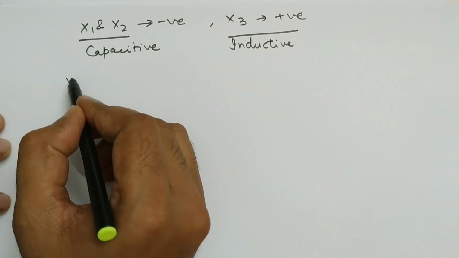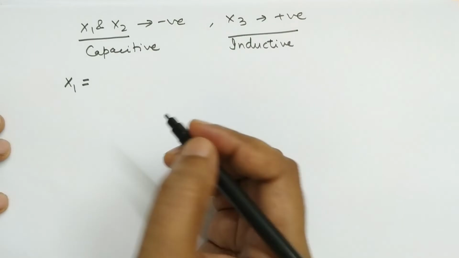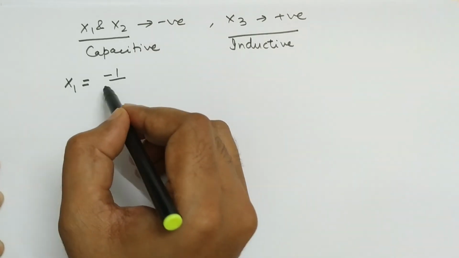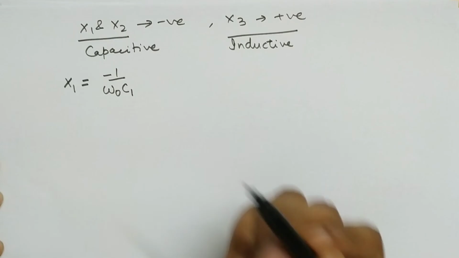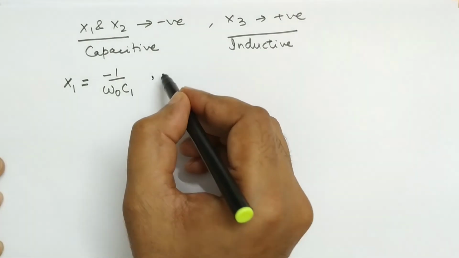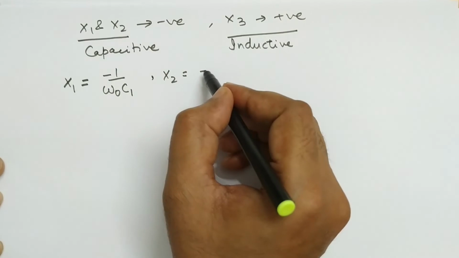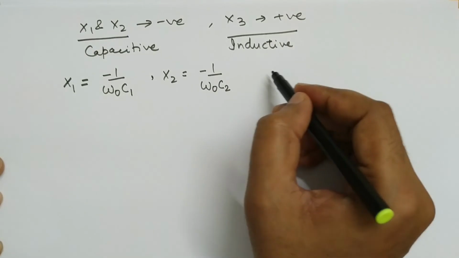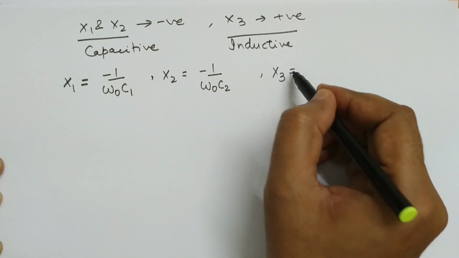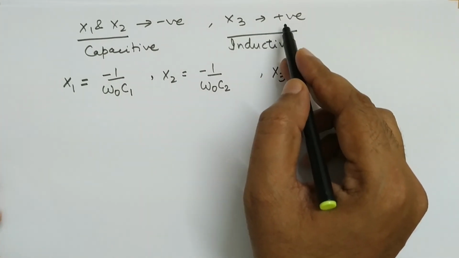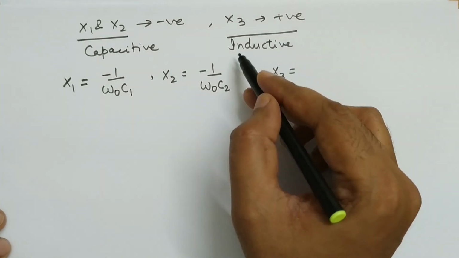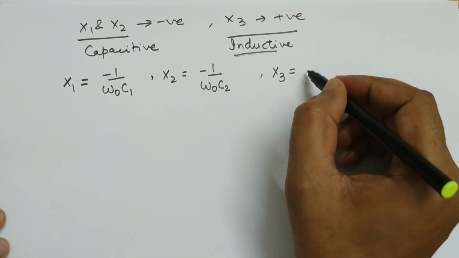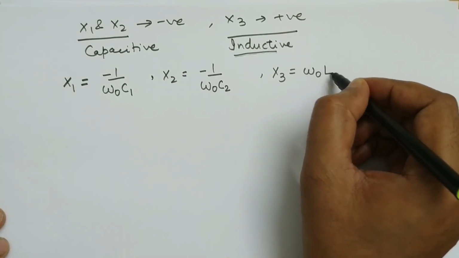So let us write the reactance of a capacitor. x1 is given by minus 1 by omega naught C1. So x2 will be equal to minus 1 by omega naught C2, and x3, which must be positive. So for positive reactance we have to have inductive nature. So for that we can write omega naught L3.